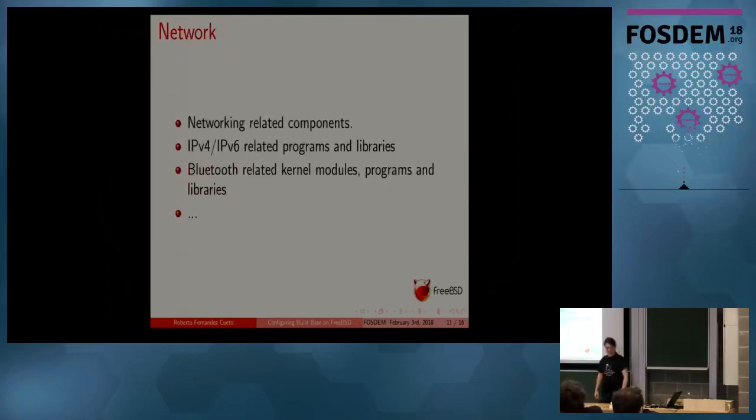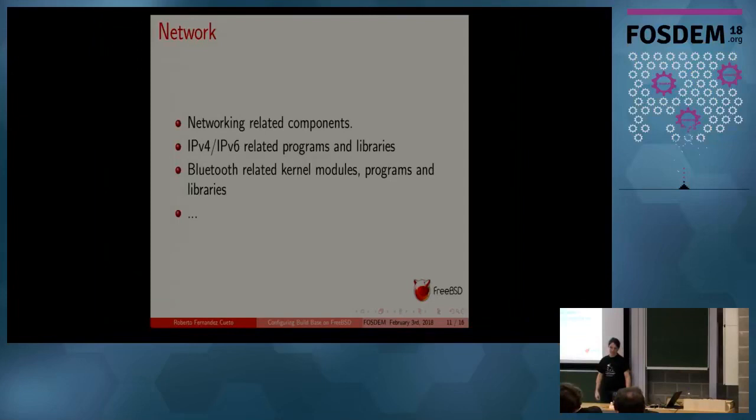Okay, networking. Well, everything that comes with networking. Do we want IPv4 or IPv6 support in our system? If your machine does not have access to the internet, this option should be deactivated.